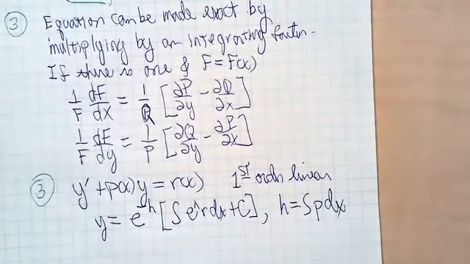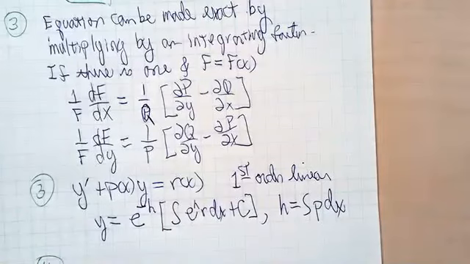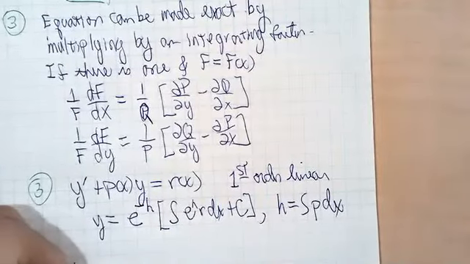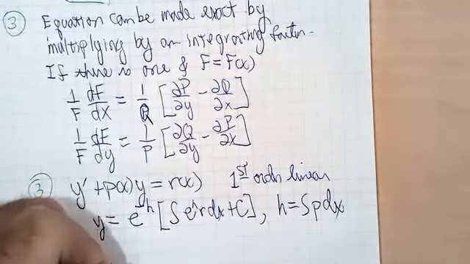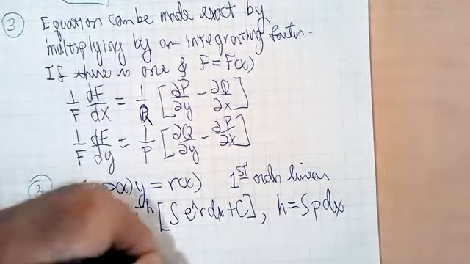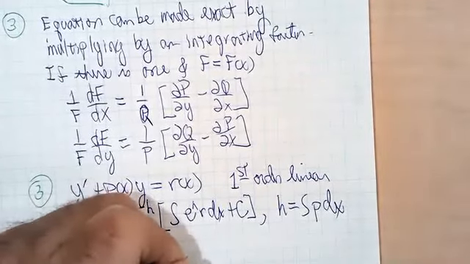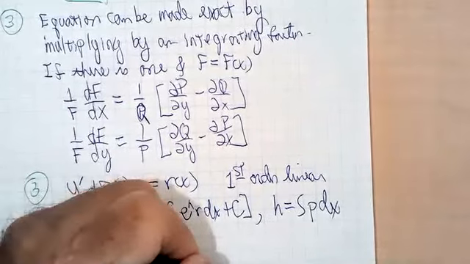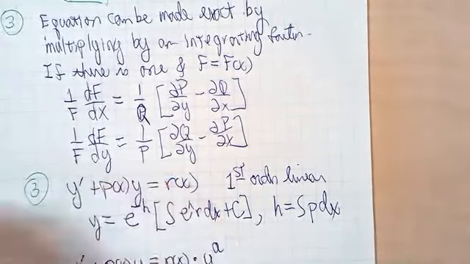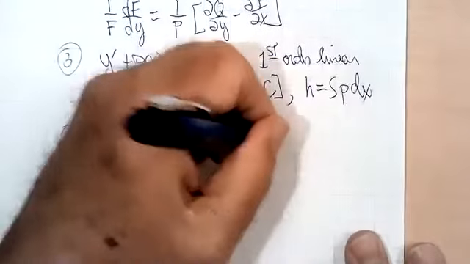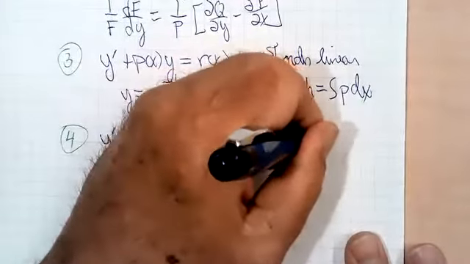And the fourth case, which we're just now getting to: y prime plus p of x times y equals r of x times y to the a power, where a is neither 0 nor 1.